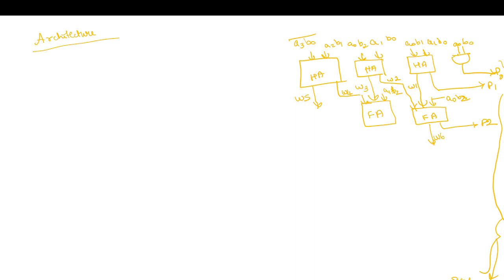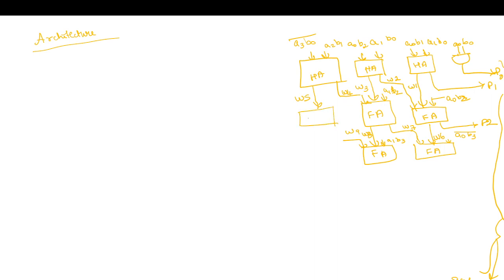In W6, full adder, A0 B3 bar. W7, full adder, W8, A1 B3, W9.